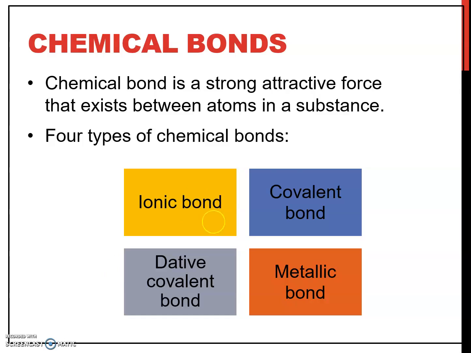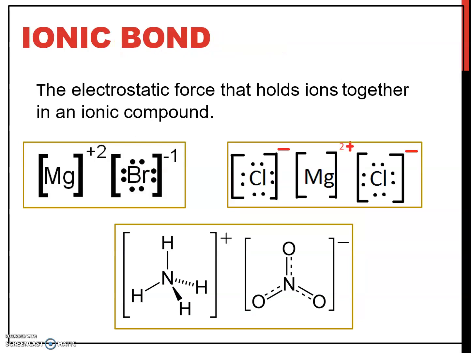First is ionic bond, next covalent bond, dative covalent bond, and metallic bond. For ionic bond, the definition is the electrostatic force that holds ions together in an ionic compound.